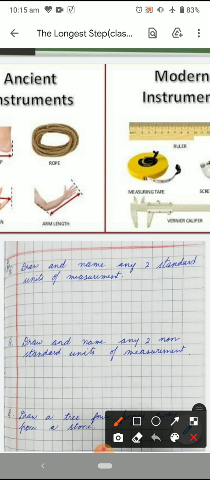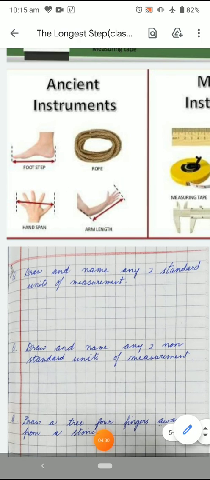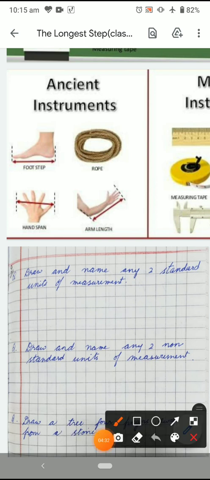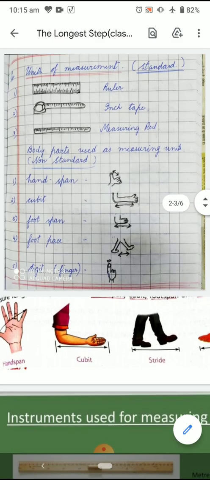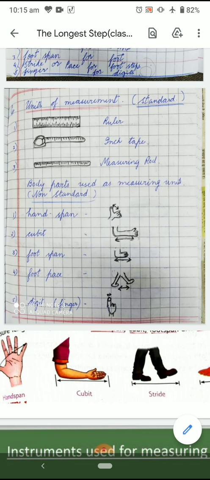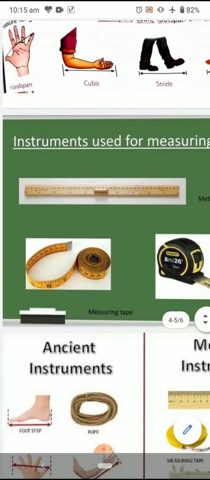Then draw and name any 2 non-standard units of measurement. If you see here, it is clearly given: foot span, hand span, arm length, and so on. Just above this, where I have given you the standard units, we have drawn also. We have done it in the previous class. Now you can easily do these questions.